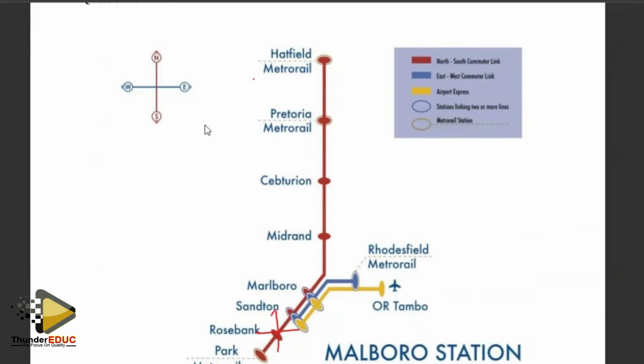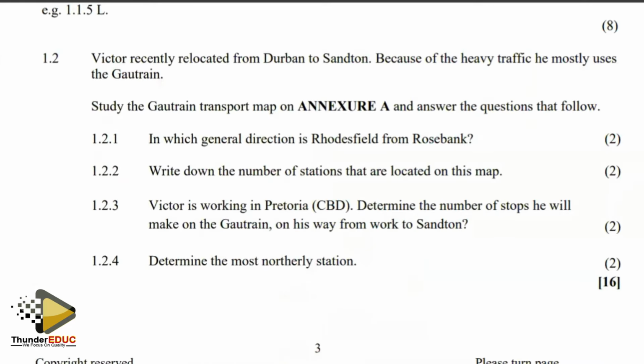If this is north, then which direction are we taking? North, northeast. So your answer here is supposed to be northeast.